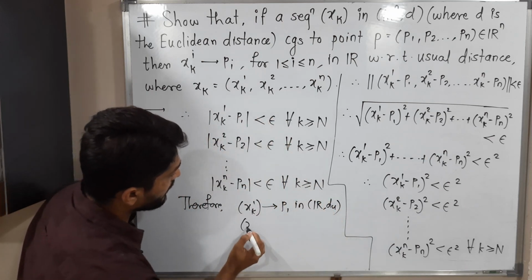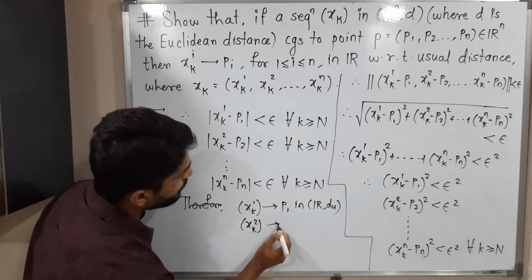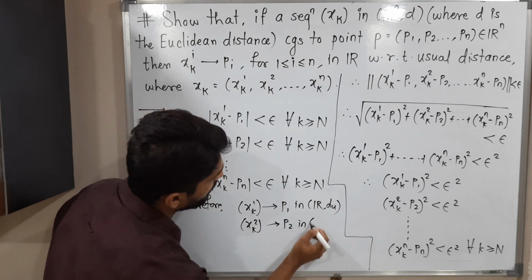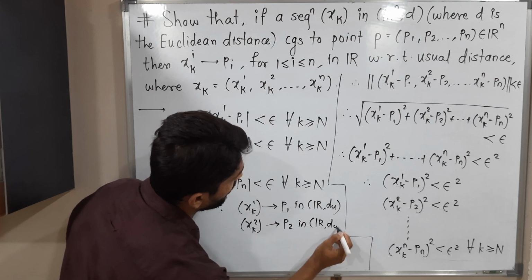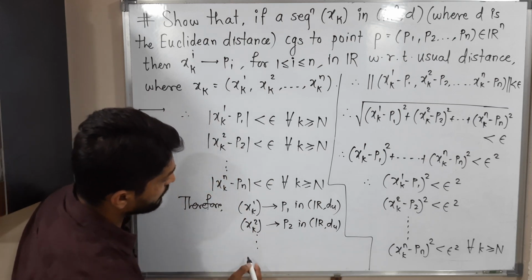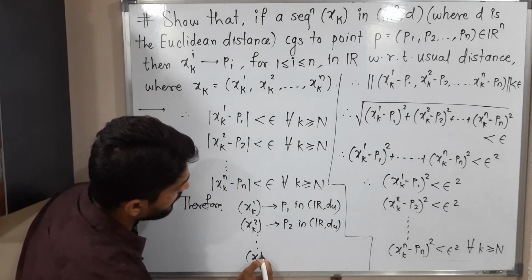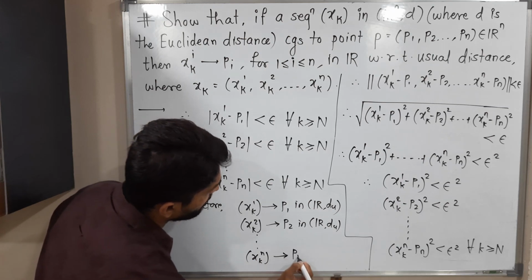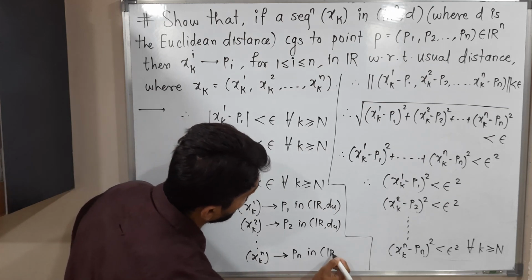Similarly, here also xk2 converges to p2 in R with the usual distance, and so on. For the last one also we can write xkn converges to pn in R with the usual distance.